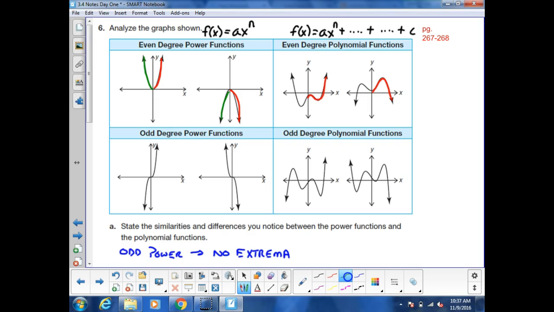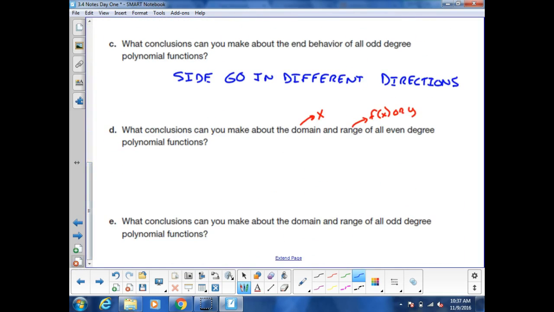Can I put 0 in there? Yeah, it's right here. So what's the domain then for an even degree function? All real numbers. So the domain is all real numbers.